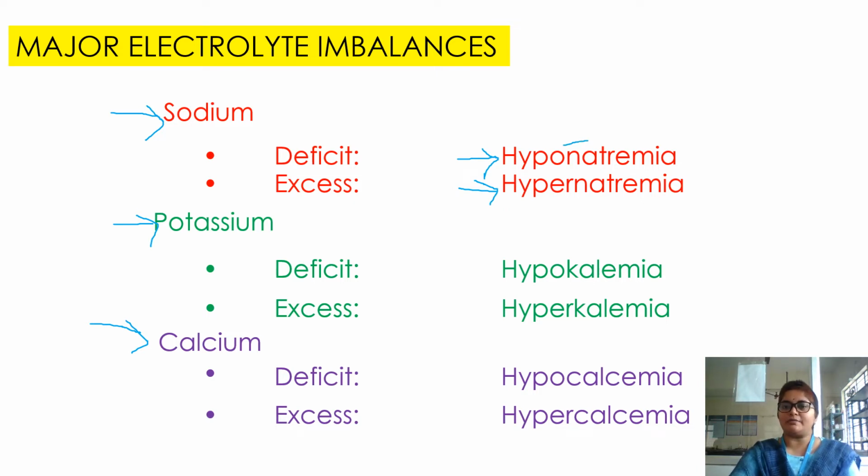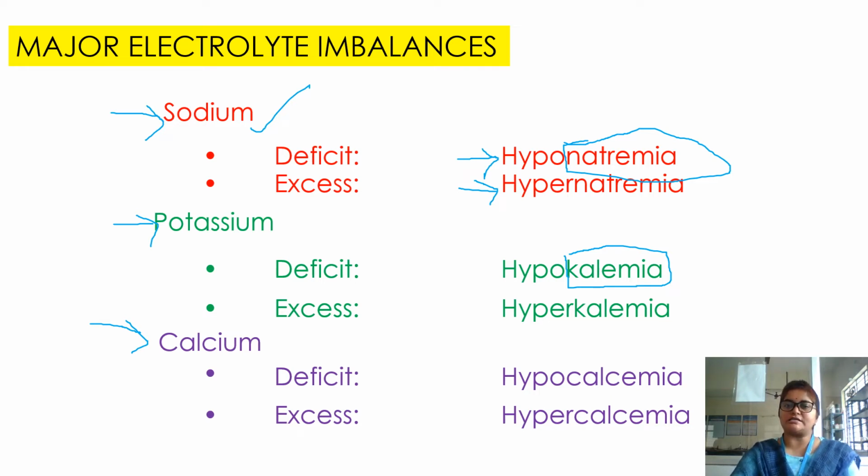So natremia is the word used for sodium. If it is less, we prefix it with hypo, and if it is more, we prefix it with hyper. And for potassium, we call it kalemia. We don't call it potassiumia, we call it kalemia, right?